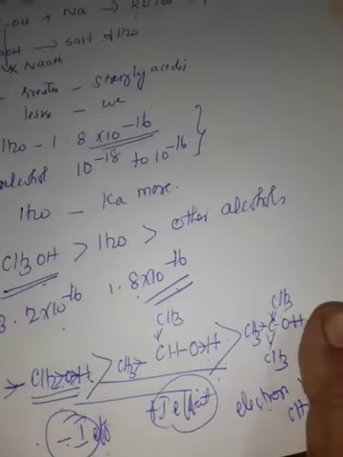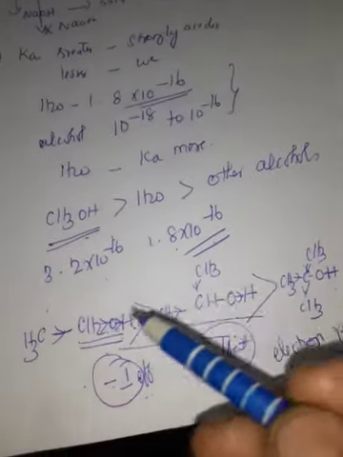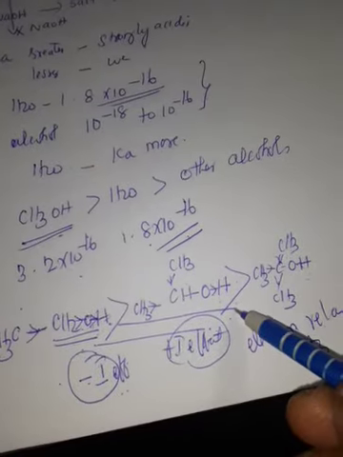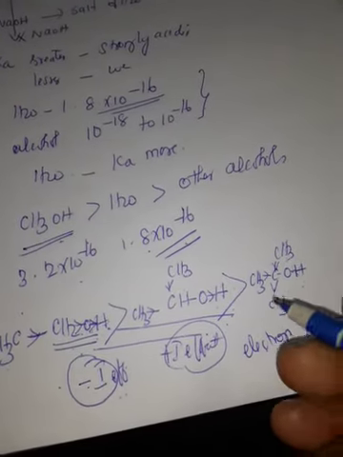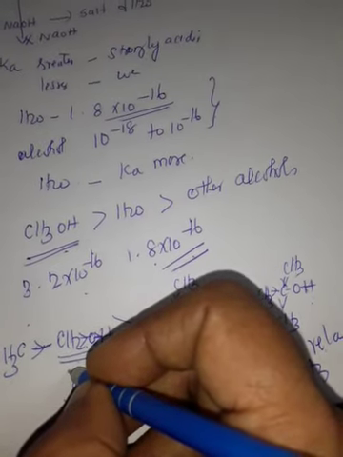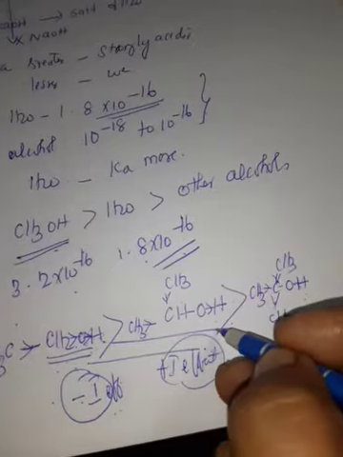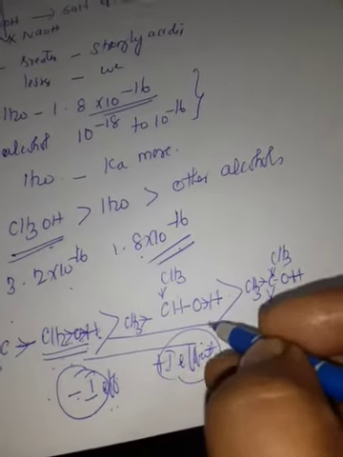This is one of the pieces of evidence for measuring acidic character. Tertiary, then secondary, then primary. Even the Ka value for primary is 1.3 into 10 power minus 16. For secondary, 3.2 into 10 power minus 17.